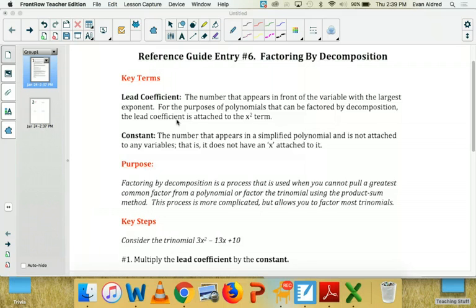And you'll notice at the top of this reference guide there's two terms. The first of which is lead coefficient, which is a term I just said. So a lead coefficient is the number that appears in front of the variable with the largest exponent. So when we're looking at trinomials in this course that have an x squared term, it will be the number in front of that.